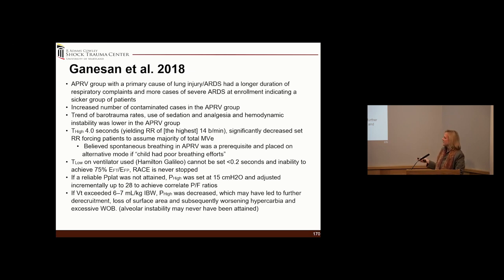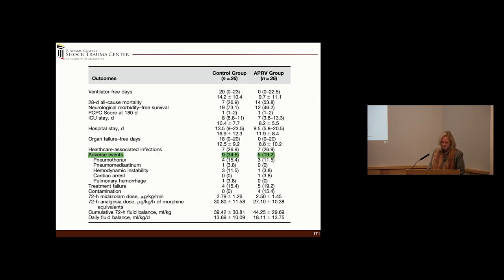And if the tidal volumes exceeded 6 to 7 mL per kg, the P high was reduced, and this could have potentially led to further de-recruitment. And this is just what we were talking about. The adverse events were also higher in the control group and the APRV group. The pneumothorax was higher, but none of these reached statistical significance.